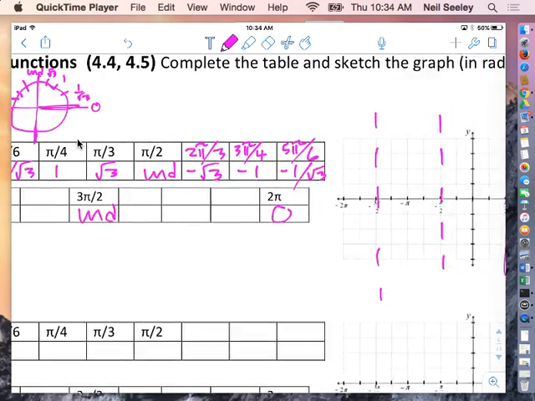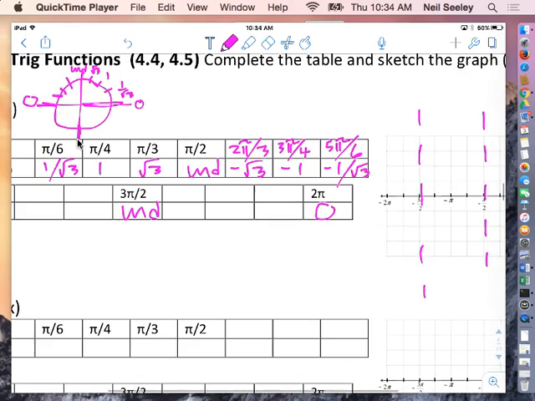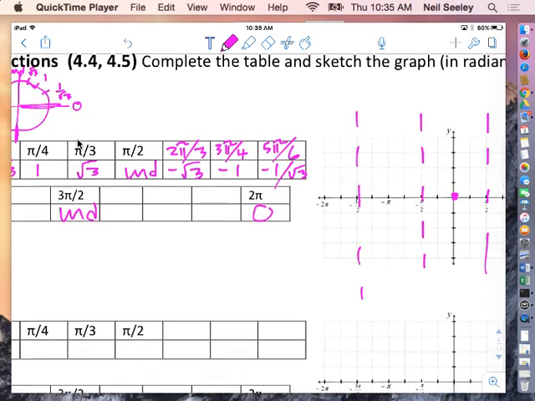When I put in 0, I got 0 for my table. Right? That was 0, 0. Pi over 6 is 1 over the square root of 3. Now, if you want a decimal for that, you're welcome to go find it. When you go to pi over 4, 1, when you go to pi over 3, you get a little bit further up, and what happens is you get this general increase until you hit the asymptote, but the graph snuggles up against that.